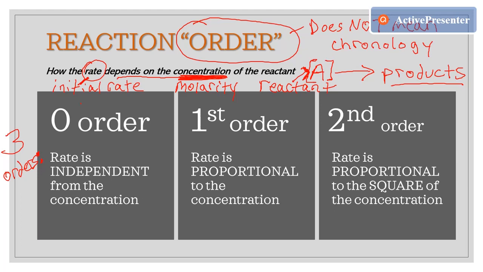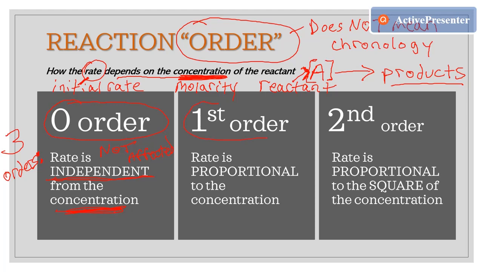And the first one is the zero order, and the zero order is when the rate is independent from the concentration. The rate is not affected by the concentration of the reactant A. In this case, we're talking about A. I'm just using A as a general reactant.